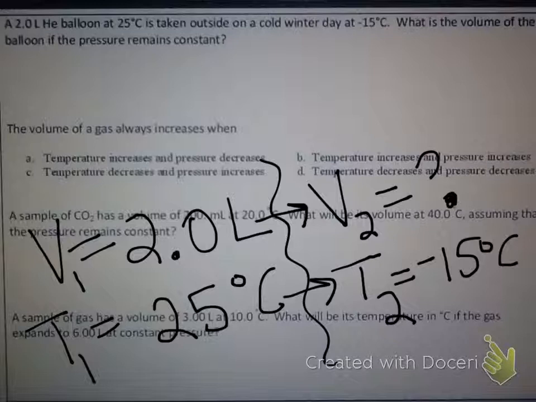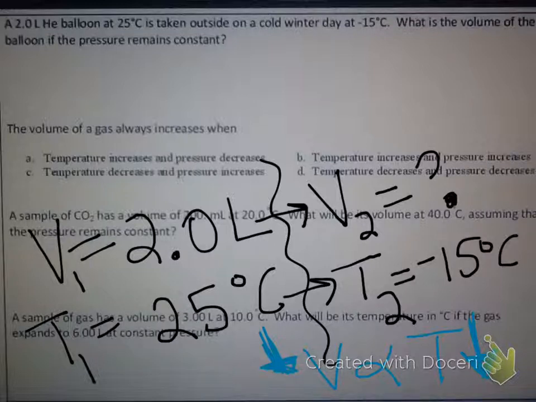Temperature, volume. Hey, that's a Charles Law relationship. Charles Law says that volume is proportional to temperature. What happened to the temperature here? The temperature got lower. So what should happen to the volume of the balloon? The volume of the balloon should get less.